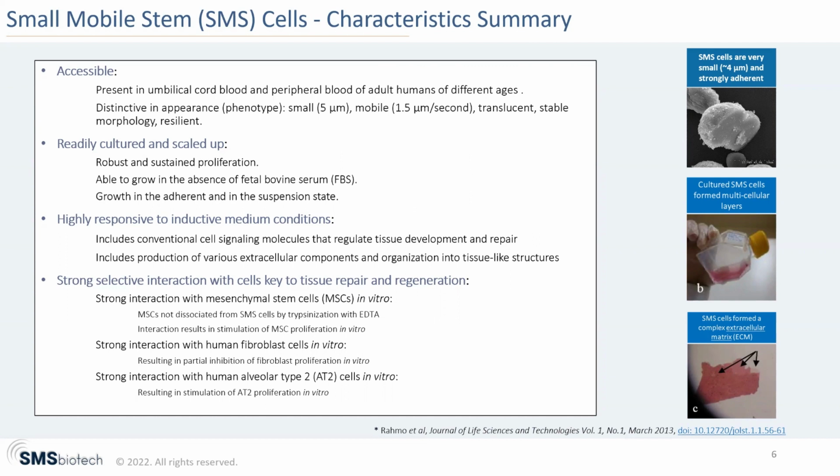SMS cells have very strong interactions with key cells such as mesenchymal stem cells that are known to regenerate tissues, endothelial cells that form blood vessels, fibroblast cells, which the SMS cells tend to inhibit in vitro, and a strong interaction, in this case very pertinent to the lung, with alveolar type 2 cells.